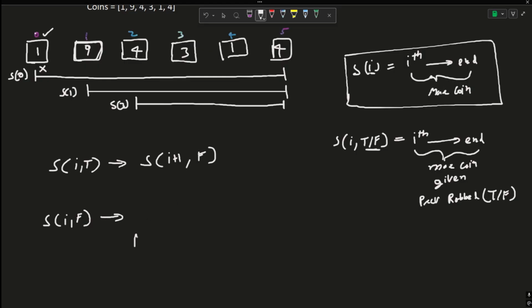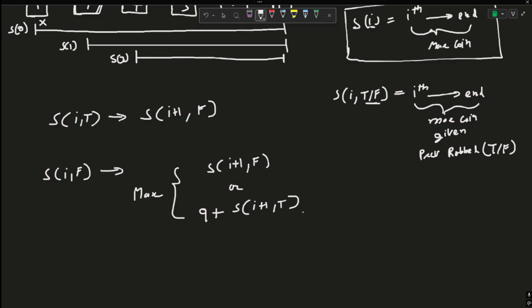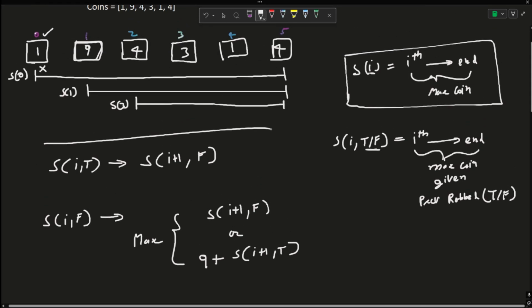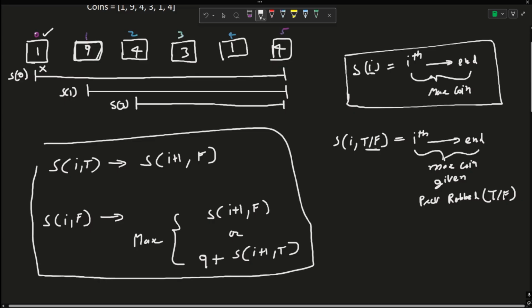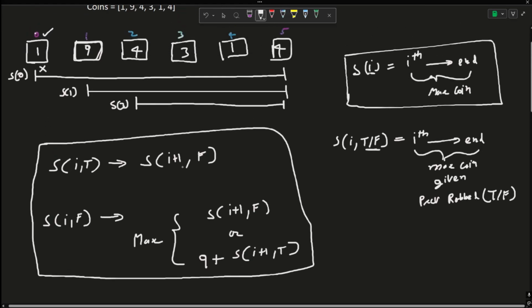Or the answer would be max of, we are not robbing the current house again, because it is a valid scenario, or we can rob the current house, 9 plus s of i plus 1, and we have robbed the current house, so true. So this would be our final subproblem state. So this is our main goal.